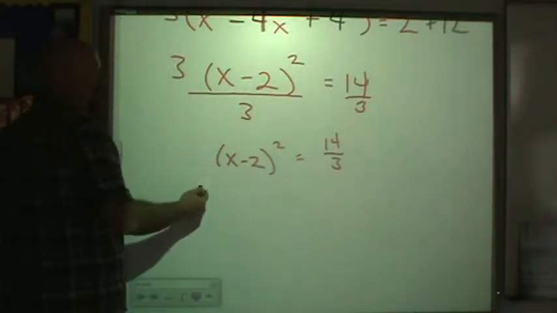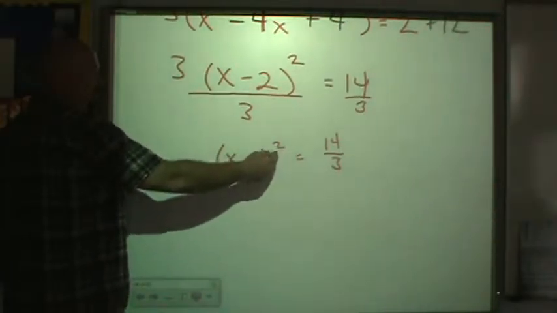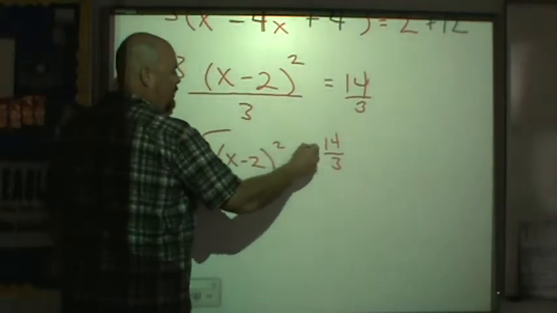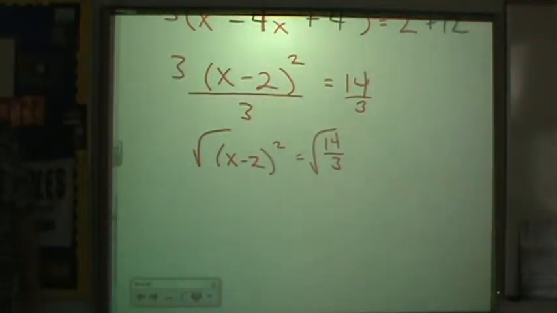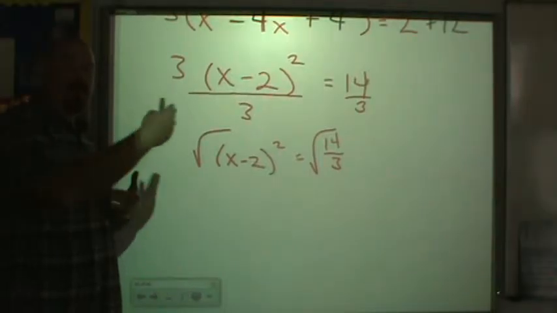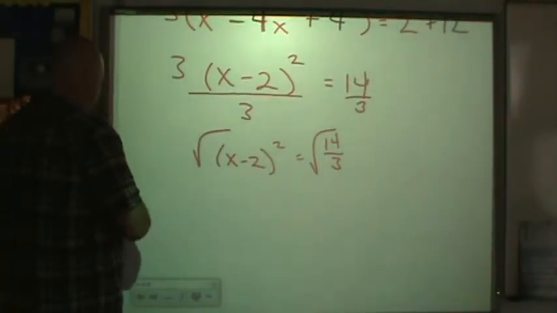We don't want this squared. We want x. We don't want it squared. Now that it's the binomial that's squared, I can take the square root of the entire thing. The entire thing. The left side and the right side. Take the square root of both sides.